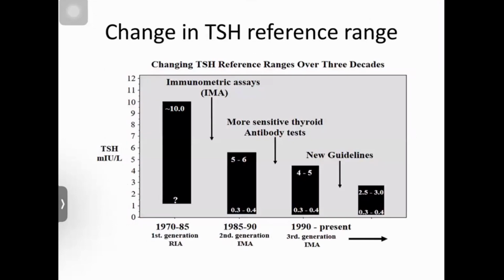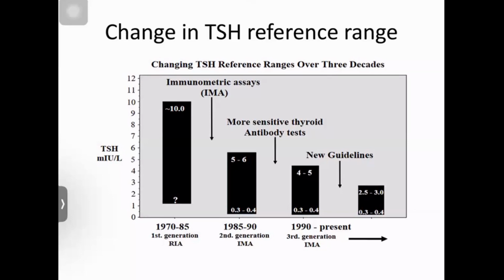So like I said, the TSH reference range has changed over the decades. Initially, when we're using the first generation radioimmunoassays, that is during the period 1970s to 85, the lower limit was around 1, the TSH, and the upper limit was all the way up to 10. And once the second generation came into work in 1985, around that period, we had almost what we're having now, a 0.3 to 5.